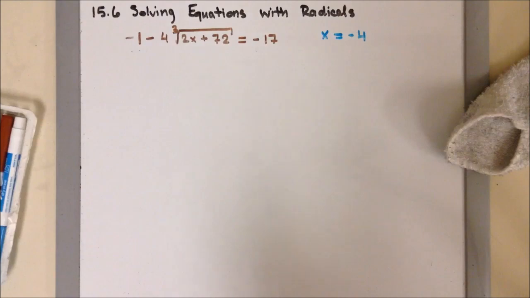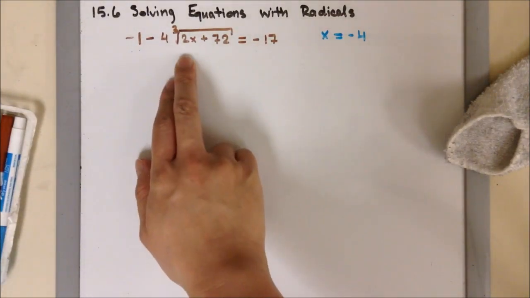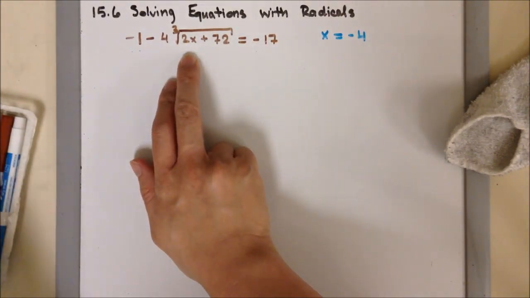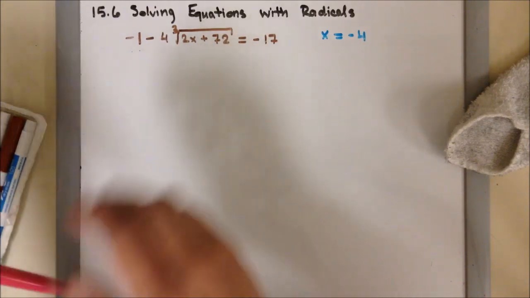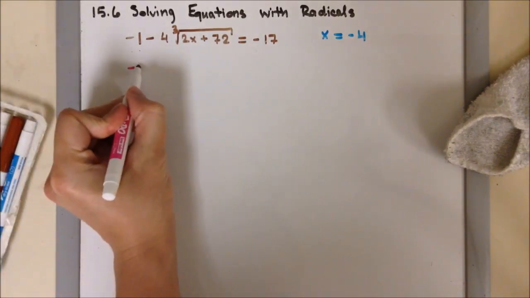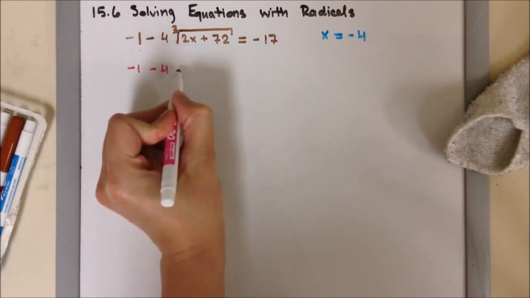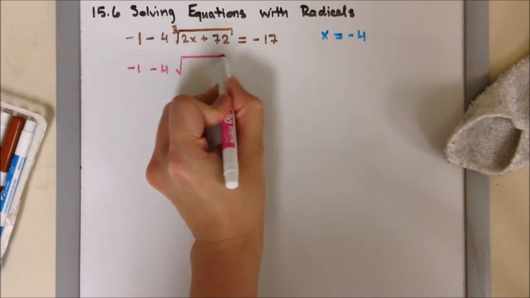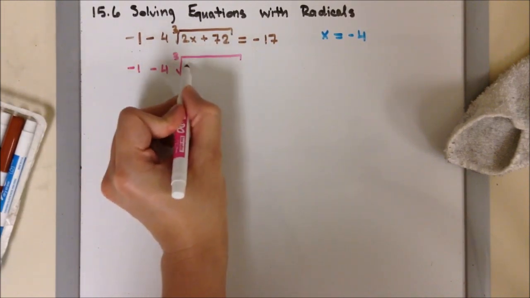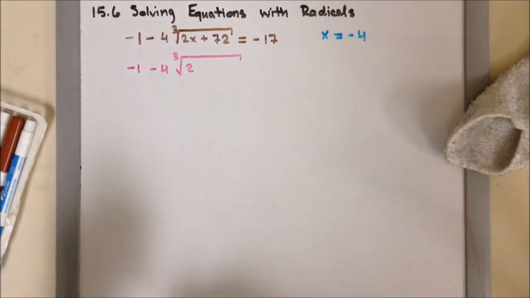This part right here. So I'm going to plug in -4 into this x. So everything else will stay the same. So -1 minus 4, the cube root of 2, and again I'm plugging in -4.